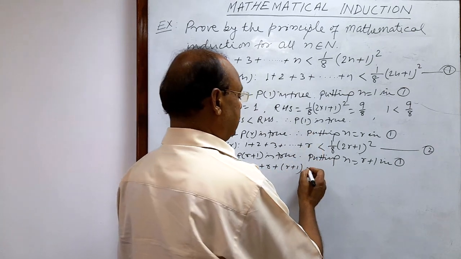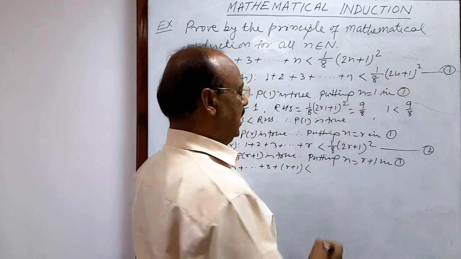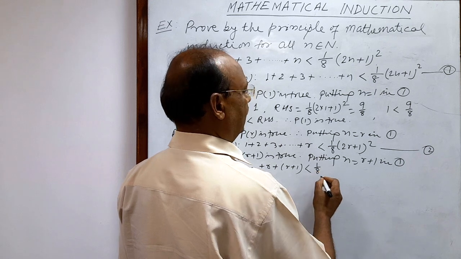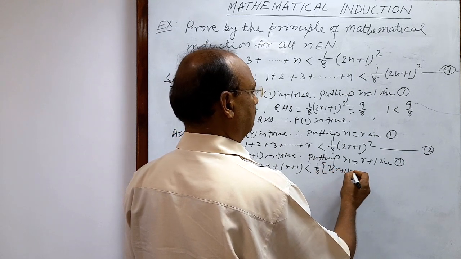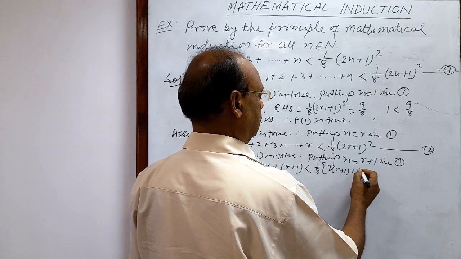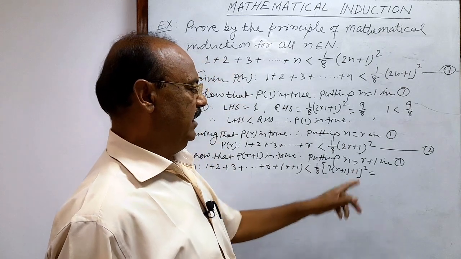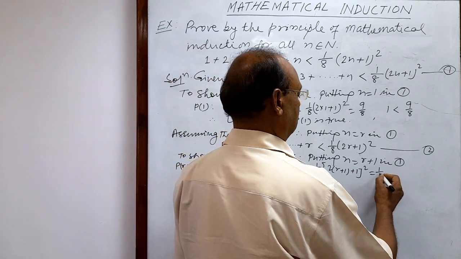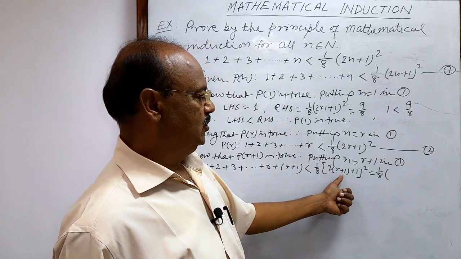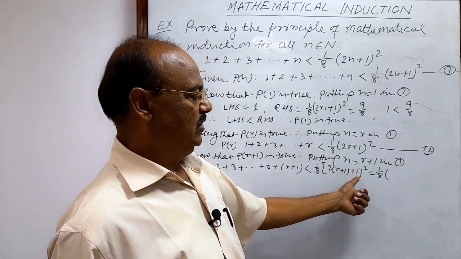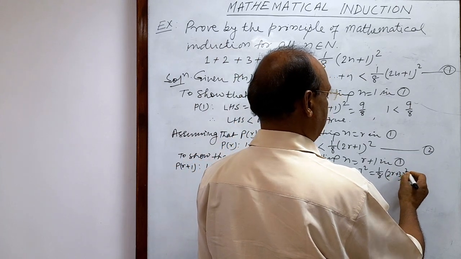And this is less than, here also we will put n is equal to r plus 1. So this is 1 by 8, (2(r plus 1) plus 1) whole square. After simplifying it, this is 1 by 8, (2r plus 2 plus 1), means (2r plus 3) whole square.